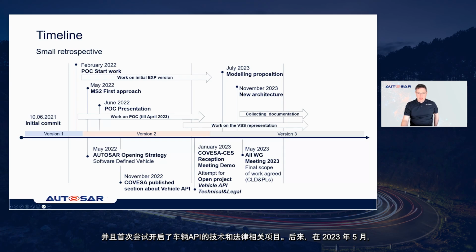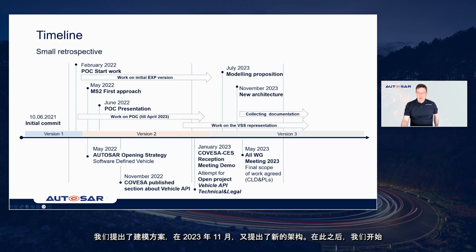Later, in May 2023, together with the PL team, we agreed on the final scope of the concept, and later in July 2023, we proposed modeling, and in November 2023, a new architecture.